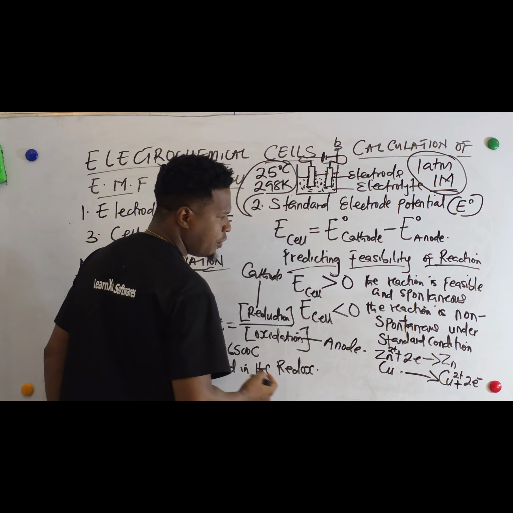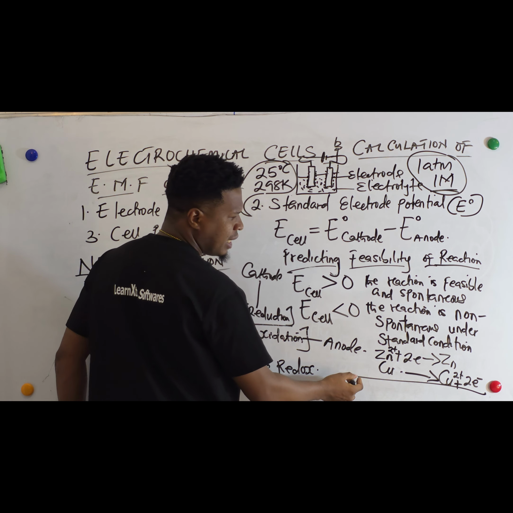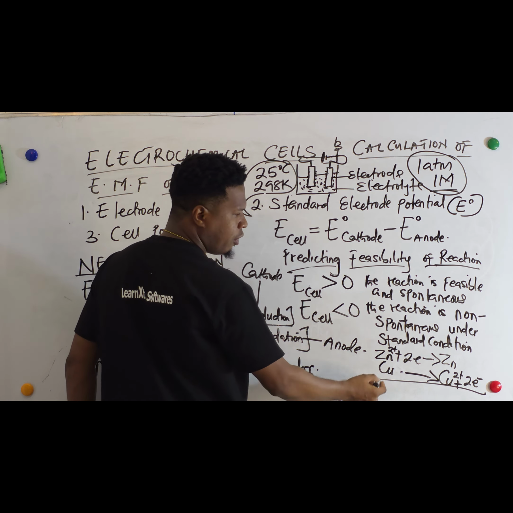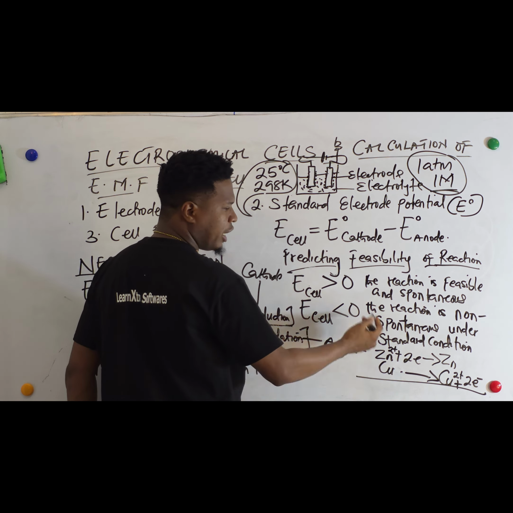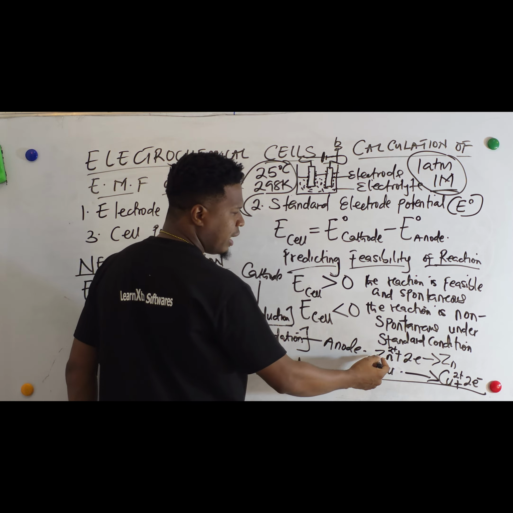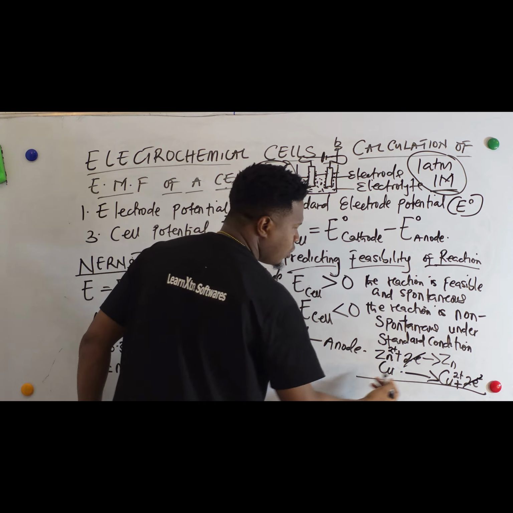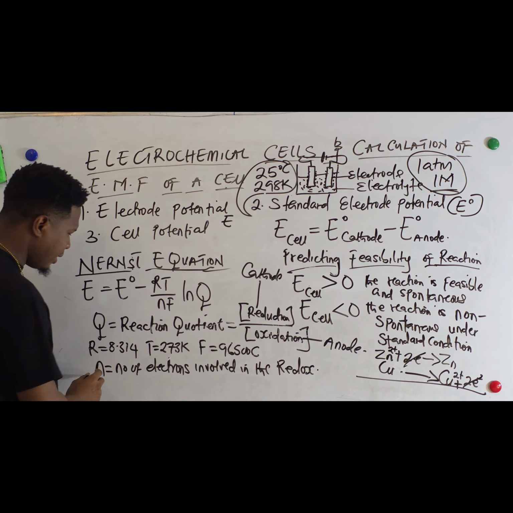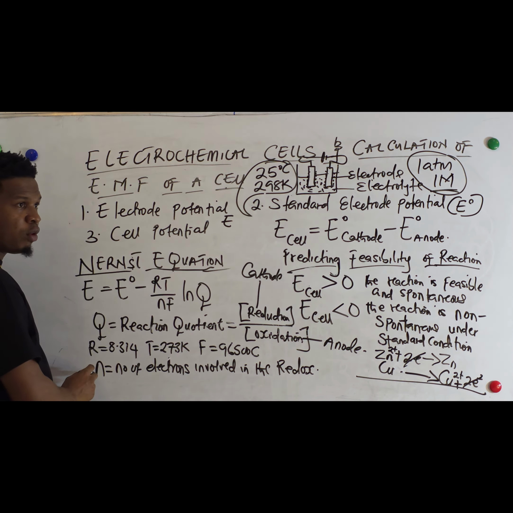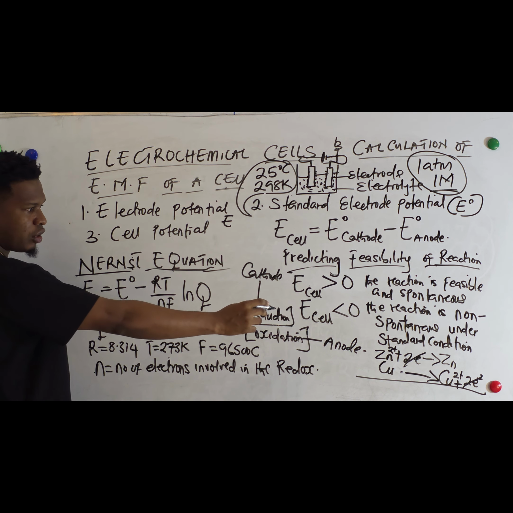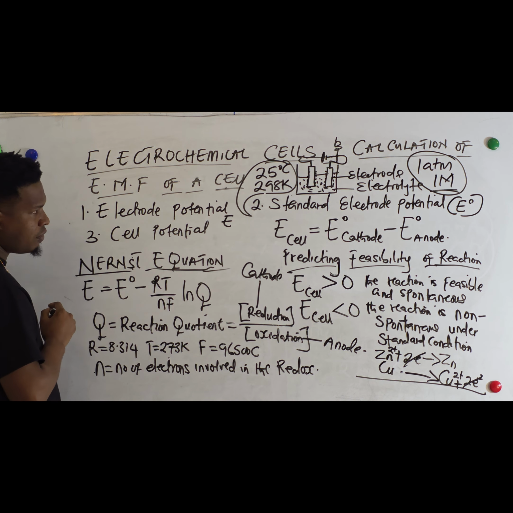If you have this kind of equation, you will see that the electrons involved for this redox is 2 and also 2. So whenever you have something like this, you take n to be 2. So the number of electrons involved in this redox reaction is 2, and I will put 2 here to solve this expression.